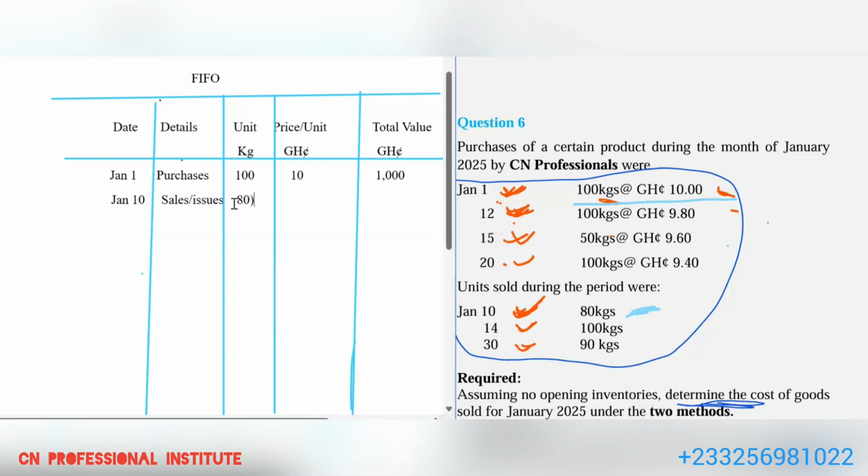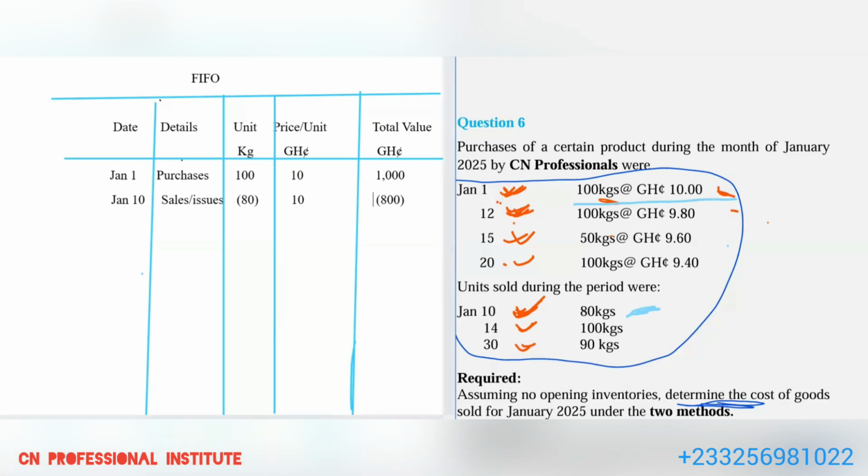So we sold 80 units at 10 cedis, because we purchased 100 units in January and we are selling from the 100 units. If you multiply, what do you get? 800, if I'm right.